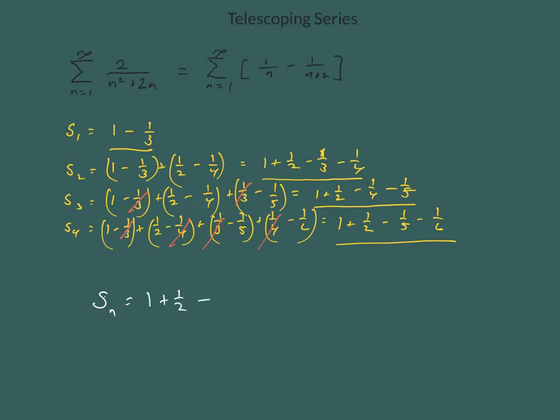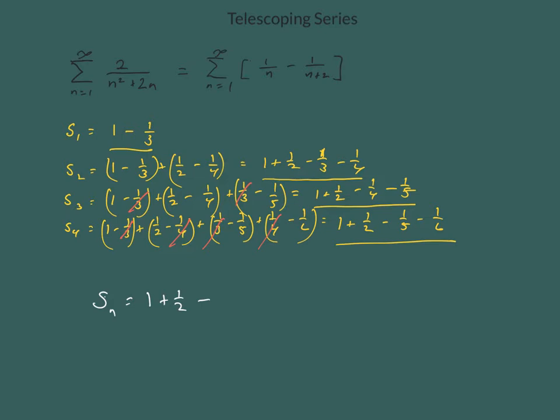When I had s sub 3, I had minus 1/4 minus 1/5. 4 is 1 more than 3, and 5 is 2 more than 3. When I had s sub 4, I have minus 1/5 minus 1/6. 5 is 1 more than 4, and 6 is 2 more than 4.